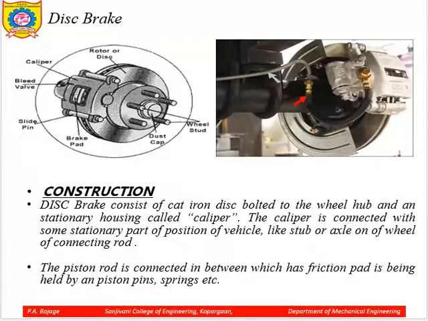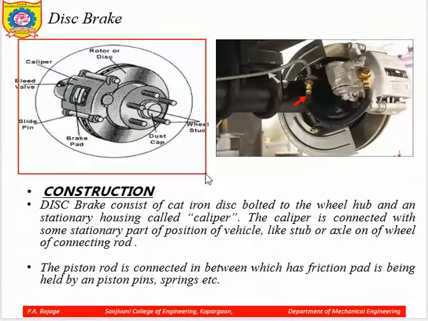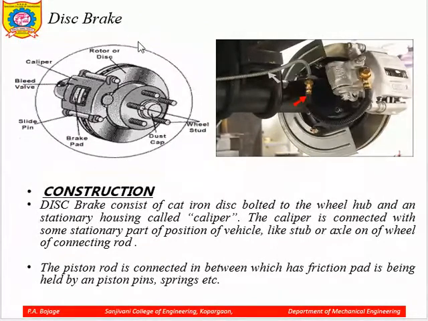The next type of brake we will discuss is the disc brake. Very common nowadays, almost all cars and many two-wheelers are implementing this type of braking system. Now, what is the construction of this disc brake? In this disc brake you have the rotor or the disc, the main part.